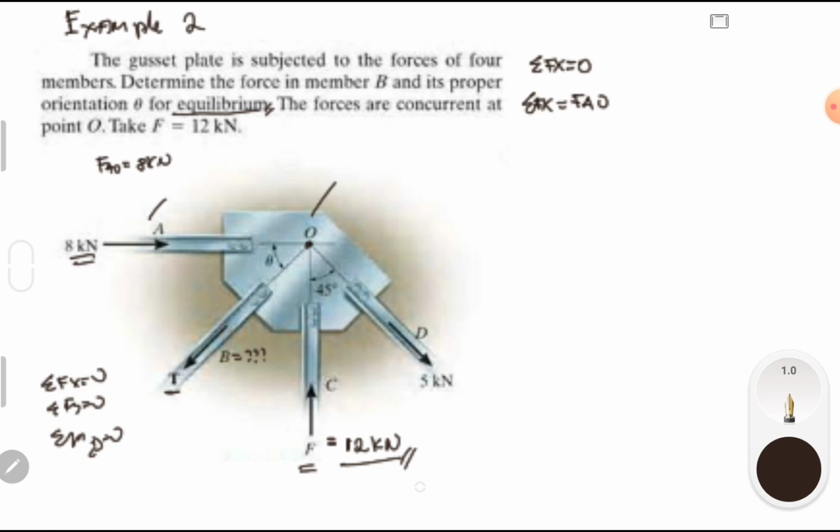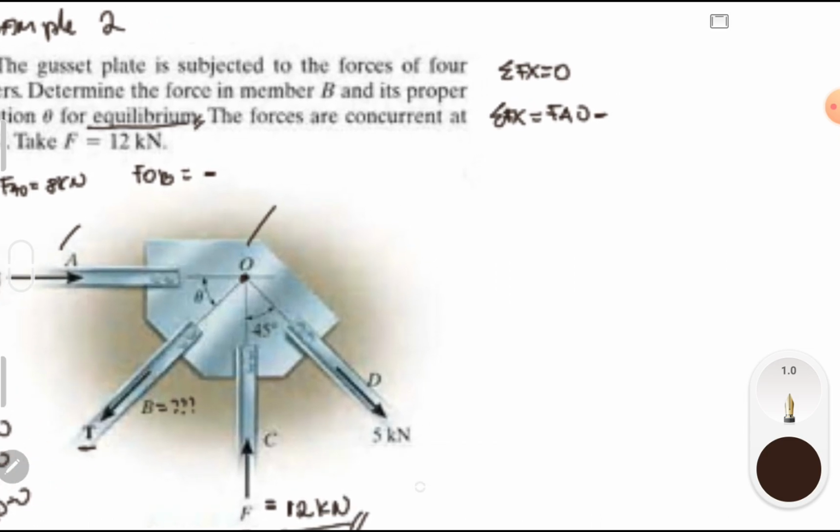Positive. And then we have our FOB, which is equal to negative, because it is going to the left direction. Look at the arrow. So negative FOB cosine theta. We have unknown theta.